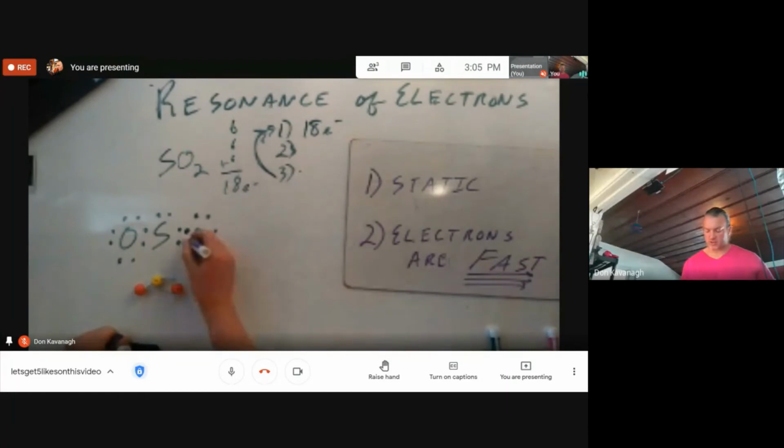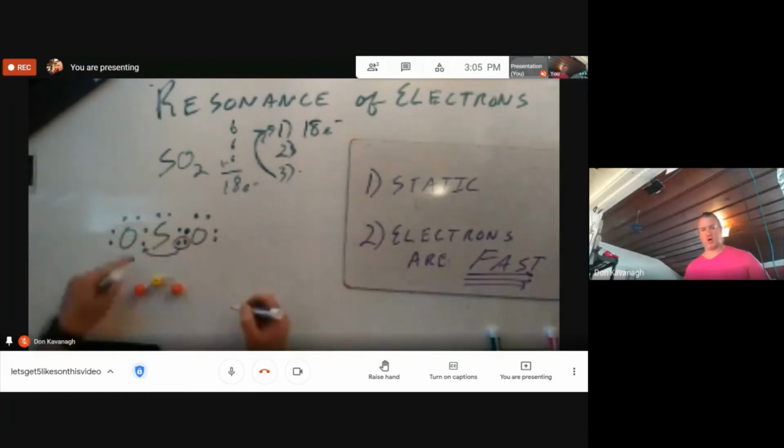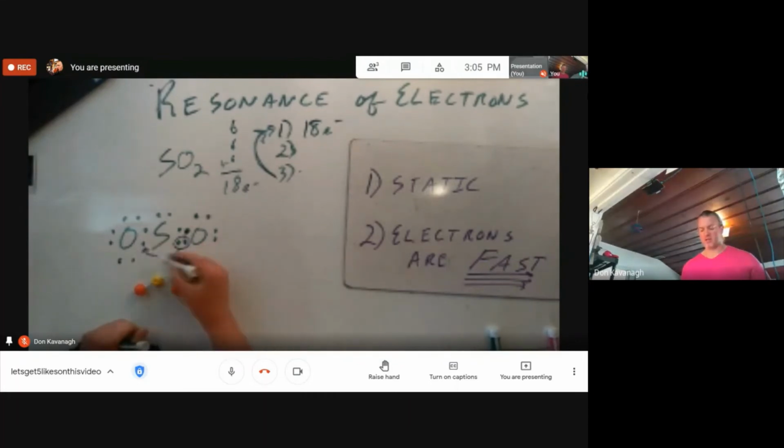So if this electron hypothetically looks over here, it may think the grass is greener on the other side and would bounce over to that position. It is moving into an identical energy level, going from a sulfur-oxygen pi bond to a new sulfur-oxygen pi bond.